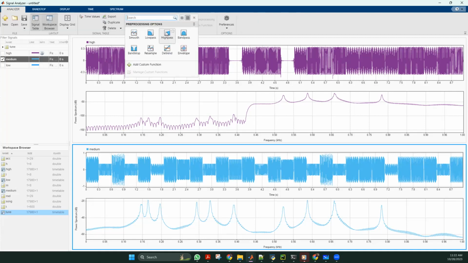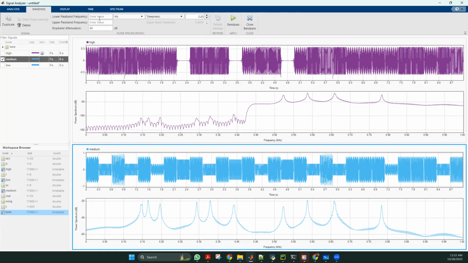So band pass filter, I'm defining between 230 hertz and 450.